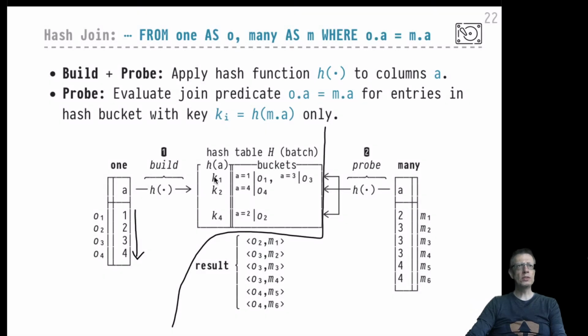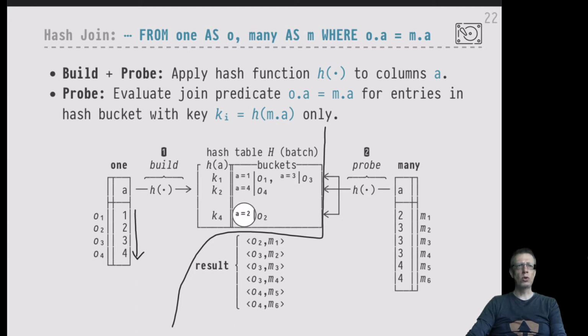All right, and this is how we fill our hashing table, right? So O2 has a key value of 2, and we can see that the hash function maps the key value of 2 to this bucket with hash key K4. This is where we find the particular entry. You see that we find the row placed there.